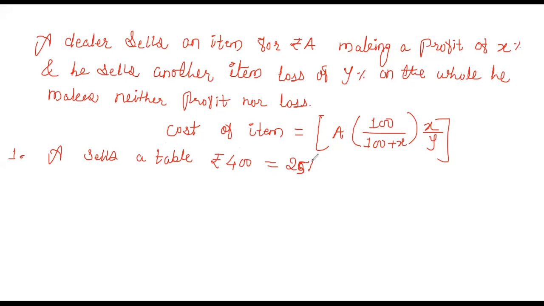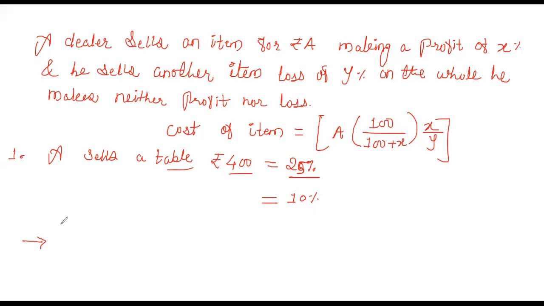He sells another table at a loss of 10%. He sold one table for 400 rupees with 25% profit, and on the second table there was a 10% loss. And on the whole he makes neither profit nor loss. What did the second table cost?